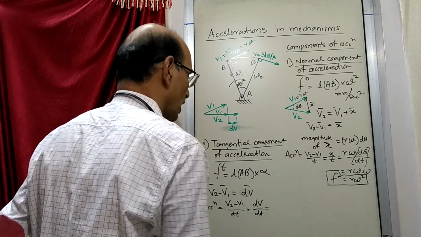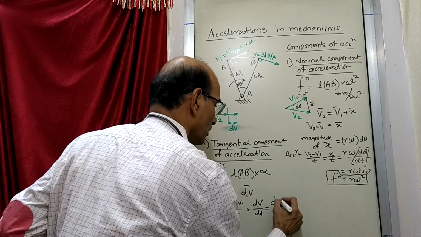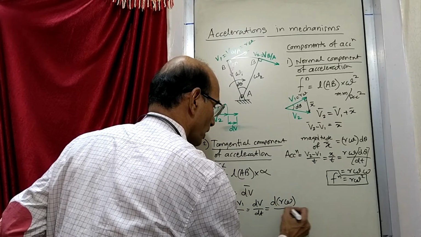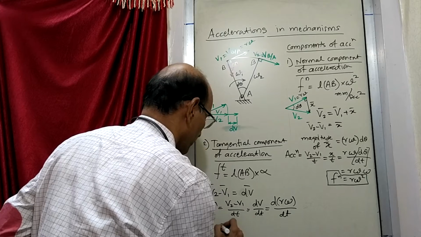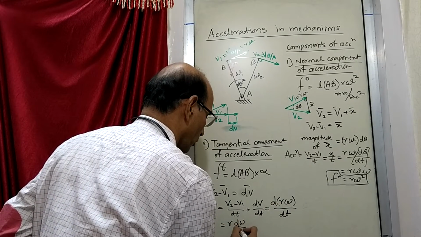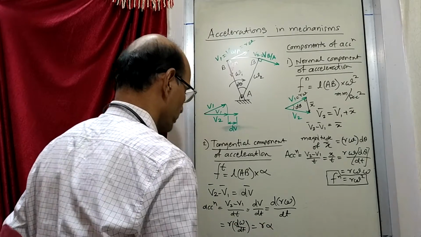Now V is r omega, so I'll write here r omega. V is equal to r omega. So when you modify, r comes out, so it is d omega upon dt, which is equal to r into alpha.